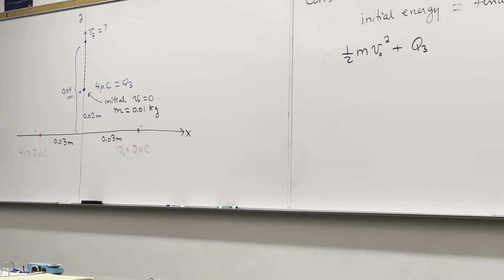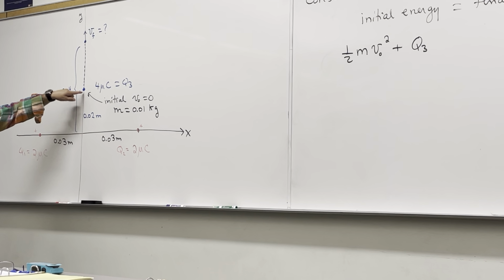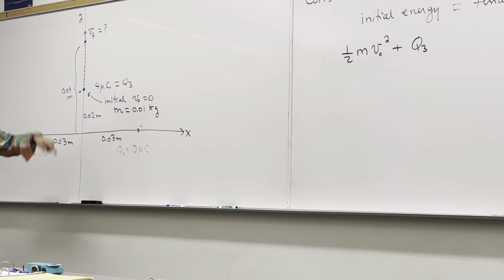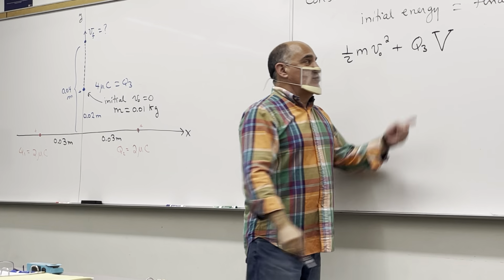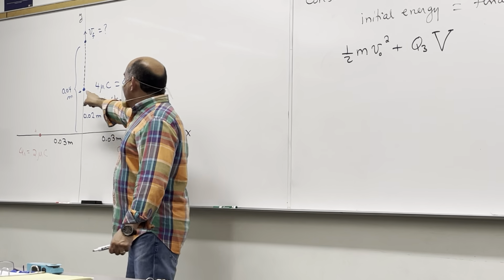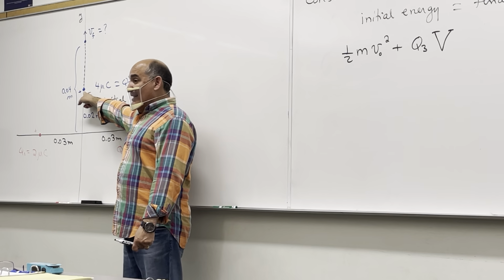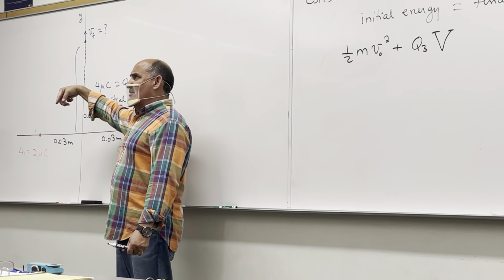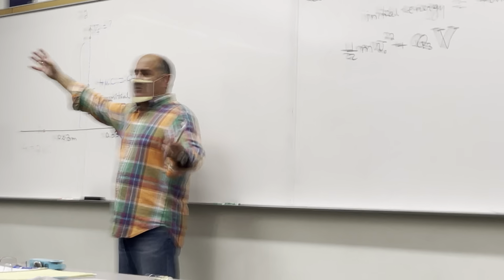Q times the potential. So if I want the potential energy of this charge, it's going to be that charge multiplied by the potential there, which is the external potential at that point. But who's going to create the potential at this location? Q1 and Q2, not Q3, because then I would say K Q3 over 0, which is undefined.